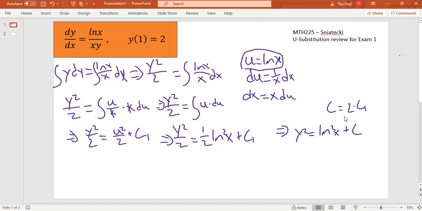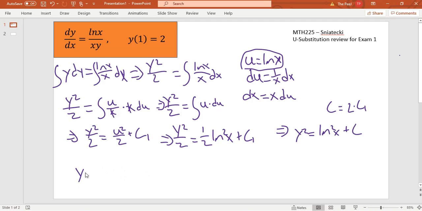So you want to keep track of where your constants are going, because sometimes if you've got more complicated equations, your constants may not all end up being the same. But if you've got a c over here being multiplied by 2 and a c over here being multiplied by 3, well, you've got to keep that as c. But because we've only got one c here, we can just simplify, since it's a constant being multiplied by another constant. We're just going to make that our own constant.